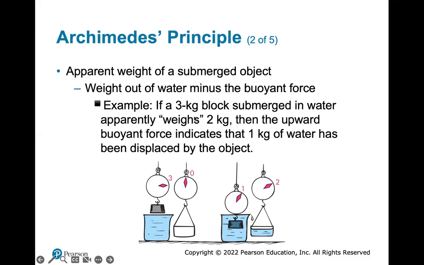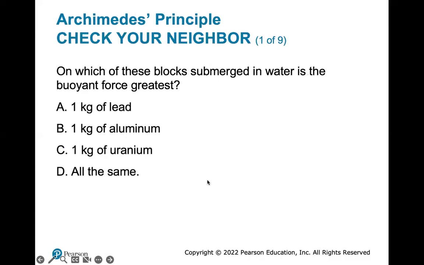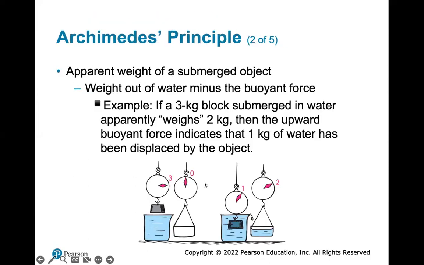So if you submerge this in water, all of a sudden it goes to 1 kilogram, and the water displaced goes to 2 kilograms. So you can notice that the total weight, 3 plus 0, is equal to 3, and 1 plus 2 is equal to 3. So the amount of water that this object displaced is equal to 2 kilograms.